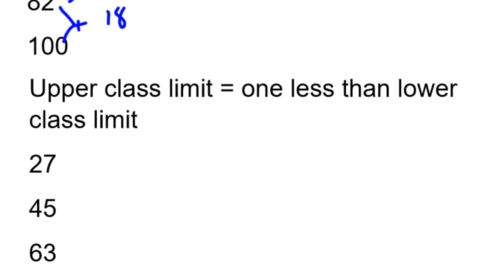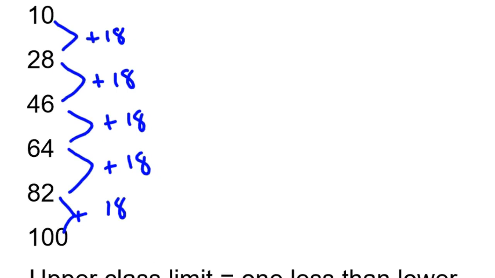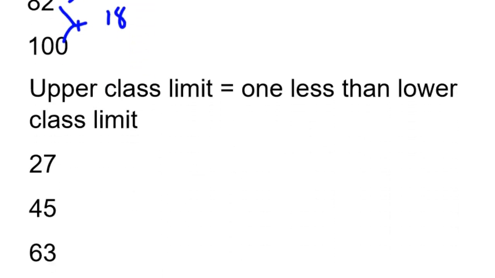Your upper class limits are always just one less than the next lower class limits. Obviously 10 was where we started. So if you look at this, 28 would make our first upper class limit 27. And then you'd have 45, 63, 81, 99.